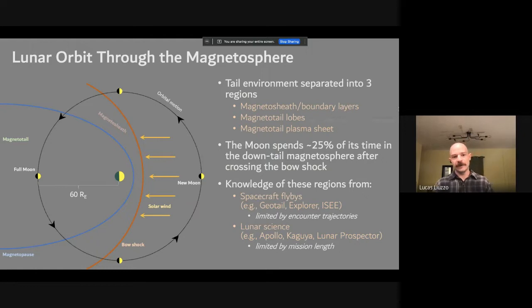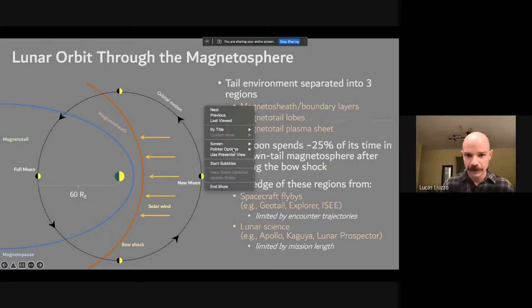The first is that the solar wind sees the Earth and the magnetic field, and that solar wind plasma becomes shocked. And beyond that bow shock is what we call the magnetosheath, or other various boundary layers. So that first region is the magnetosheath plasma, kind of, maybe I can actually turn on this laser pointer.